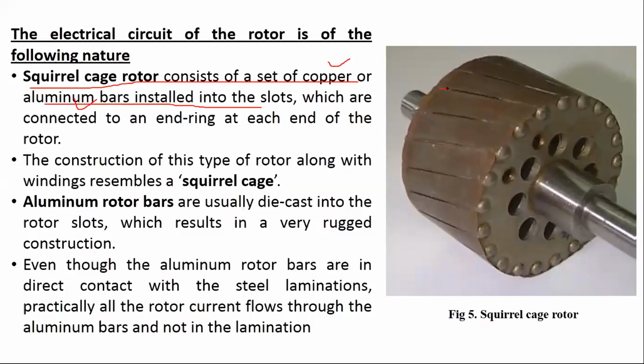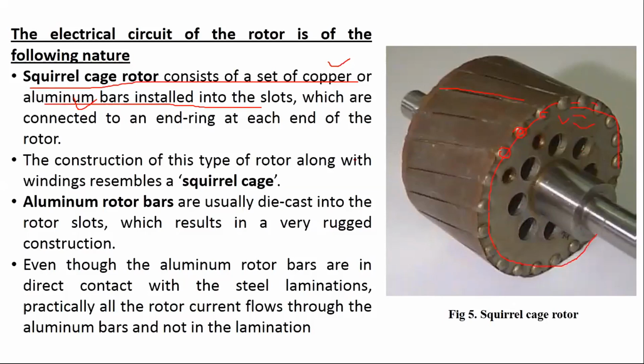You can see these are slots here, where either copper or aluminum bars are kept, and they are basically connected to one another. You can see all the windings, this to this and this to this, all the conductor bars are short with the help of this plate, this one, right?